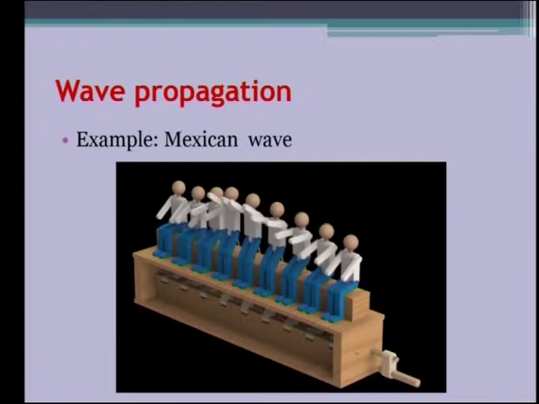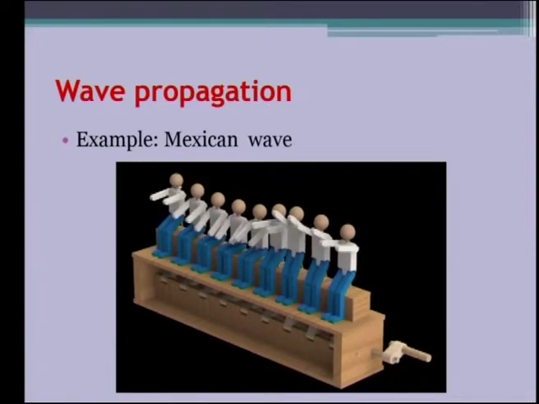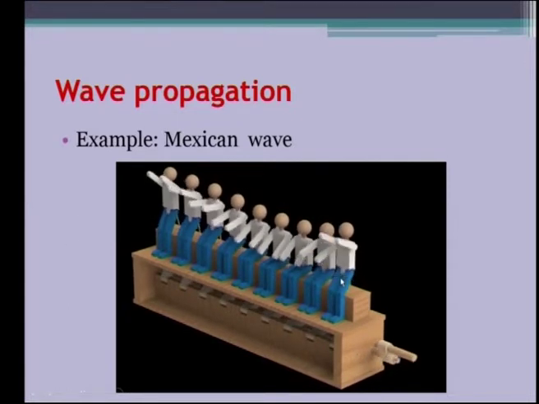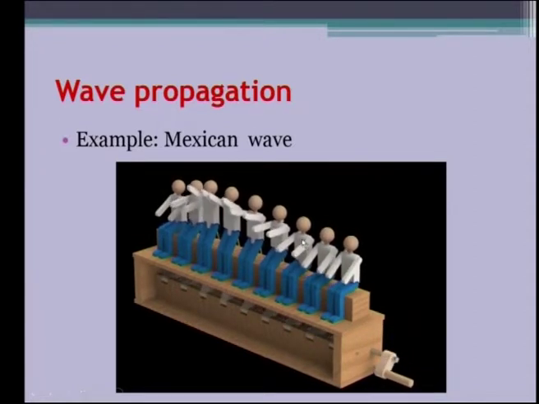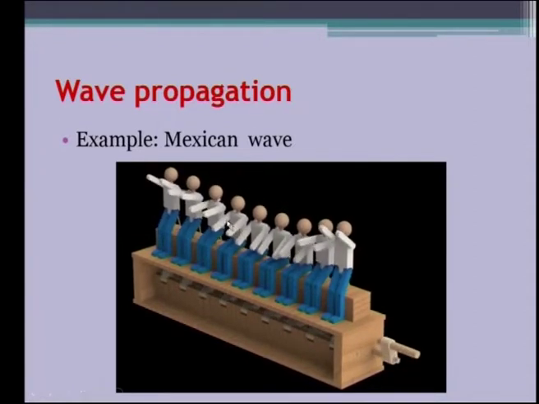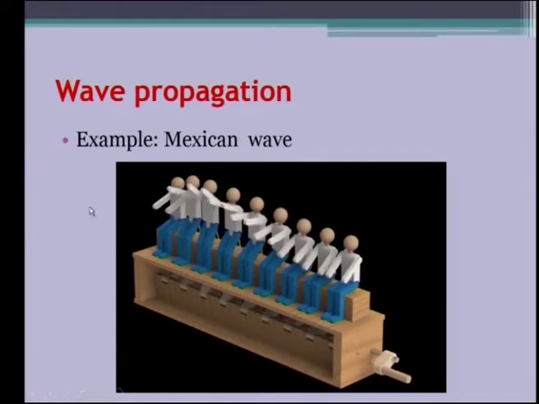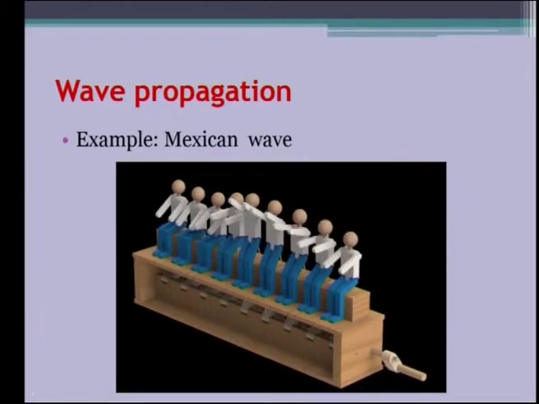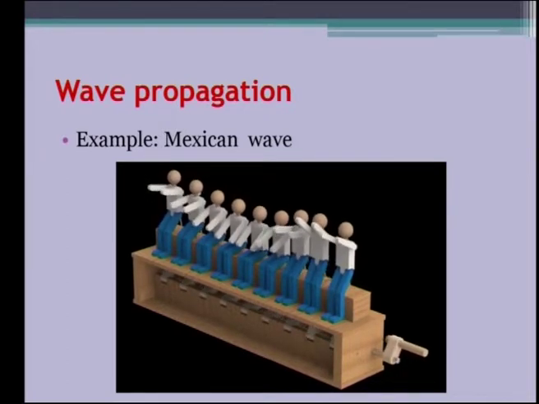This is also another illustration that gives us some understanding. The people move their hands up and down, they raise and sit, and that is transferred to the next person, next person and so on, and this has a wave motion. They look at their hands or the hip, it is going up and down, but the wave is propagating perpendicular.